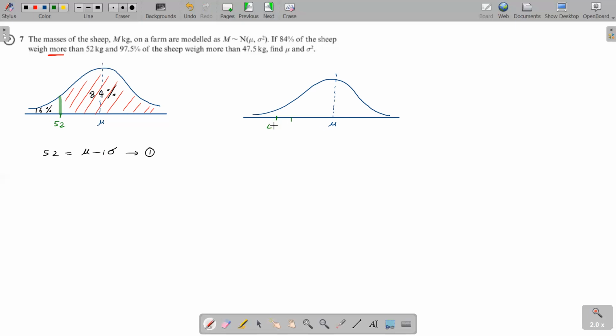And the area in front of 47.5 is 97.5%. Are you with me? Can I know the area behind? 100 minus 97.5 is 2.5. So this is 2.5%. Check in the previous diagram.